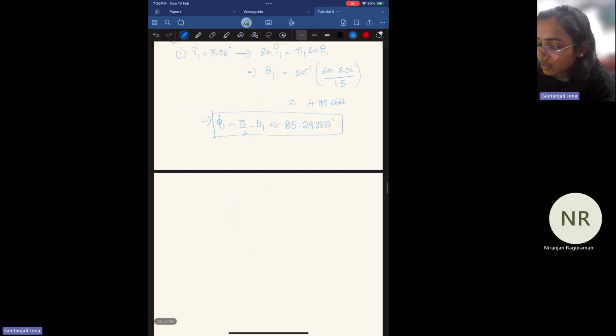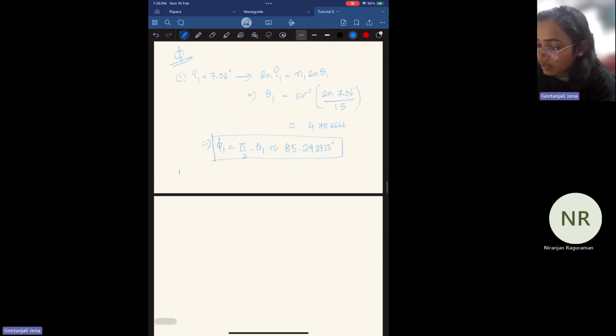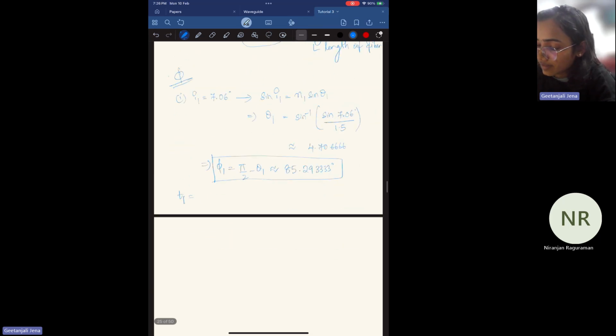So now the time t1 is n1 L by C sin phi 1. So it is 1.5, 1 kilometer, C is 3 into 10 to the power 5 kilometer per second, and this is sine 85.29.